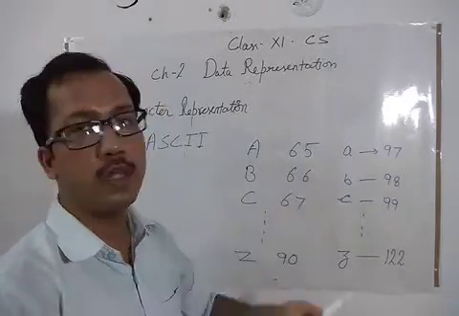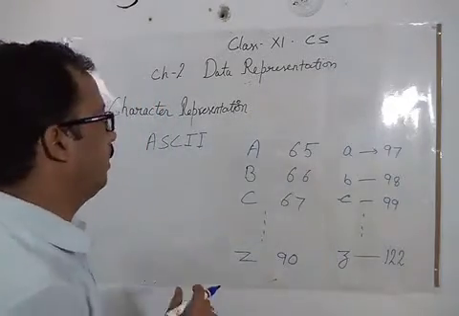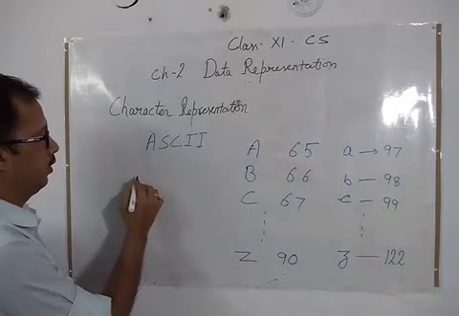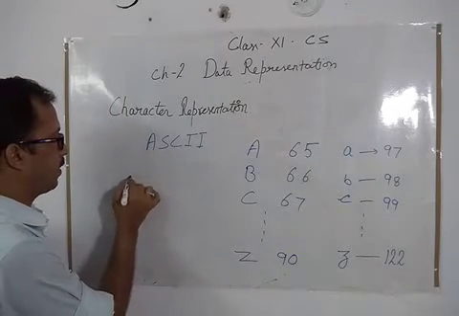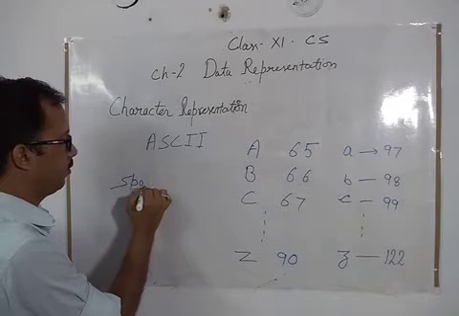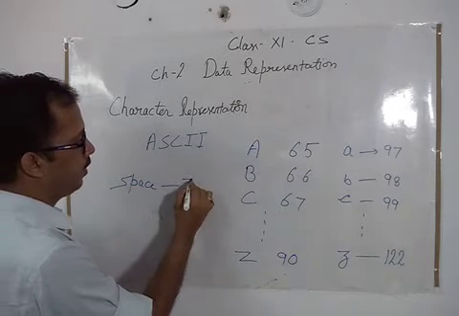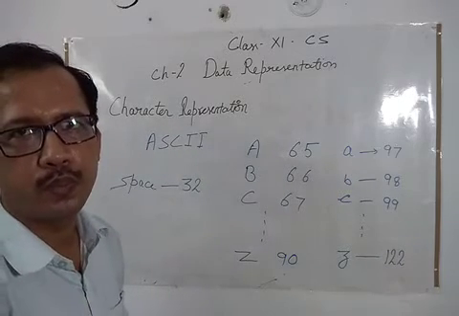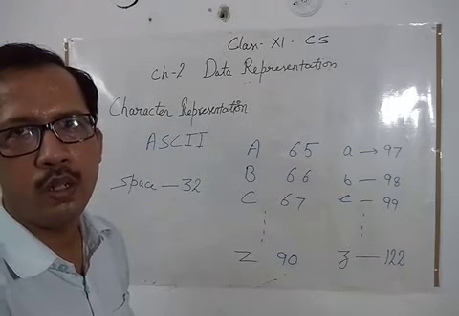So remember these codes, they are very important. It also has given some codes for things like space. Space is represented by the code 32 in ASCII.